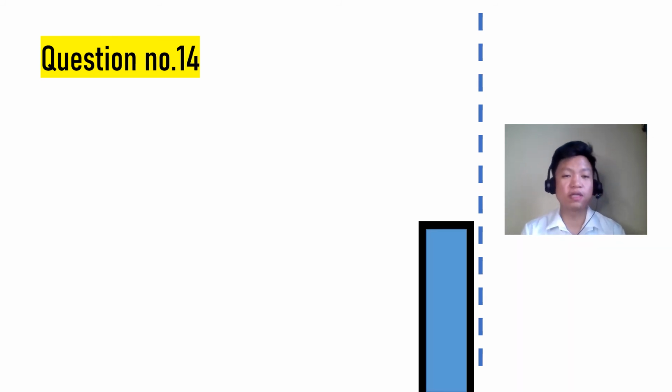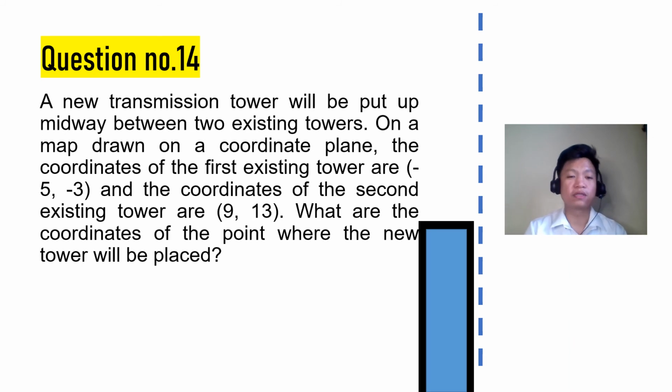Okay, next, question number 14. Eto. A new transmission tower will be put up midway between two existing towers on a map drawn on the coordinate plane. The coordinates of the first existing tower are negative 5, negative 3. And the coordinates of the second existing tower are 9, 13. What are the coordinates of the point where the tower will be placed?